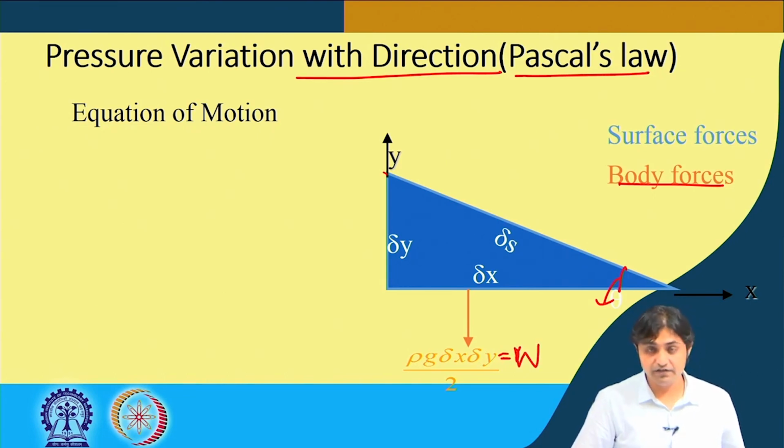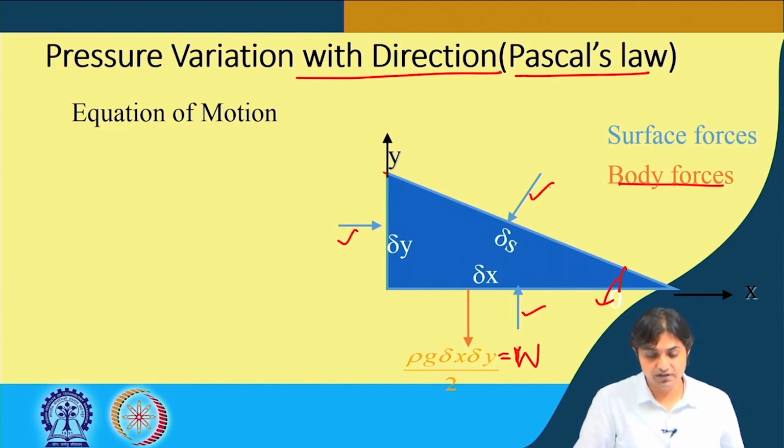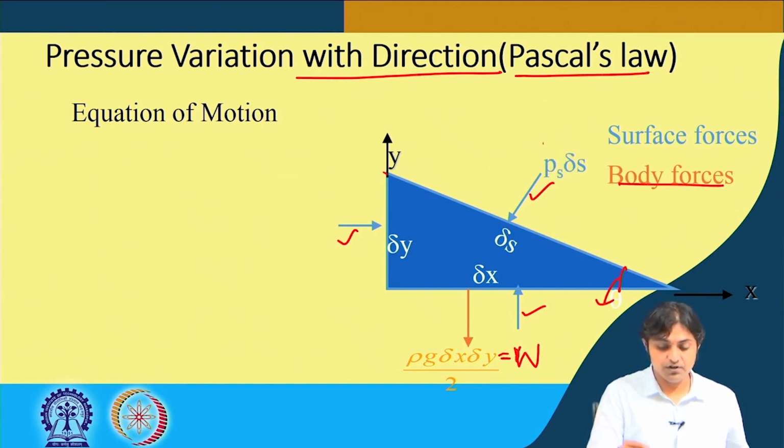Now, looking at the surface forces, there will be surface forces acting. What we have seen before, surface forces in case of fluid statics will be only due to the pressure. So, pressure will exert force on all these three surfaces. What is the magnitude? If the pressure on this surface is Ps, it will be acting on this side in a unit z direction.